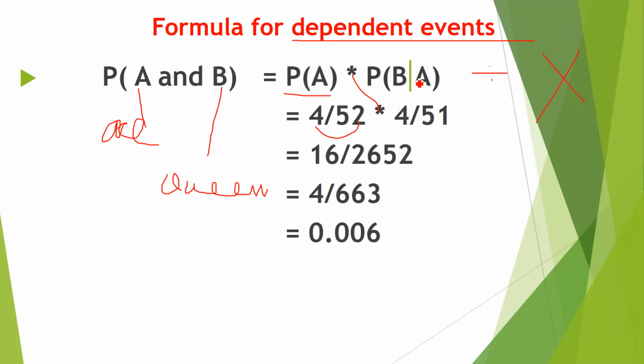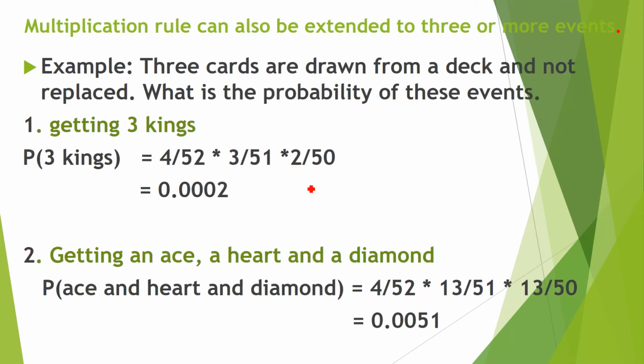It means the probability of event B, given that event A has already occurred. So already the first is an ace, and you have to find the probability of B. So the probability of B is 4 divided by 51. Simplify it, you will get 0.006. If you multiply it by 100, you will get the percentage.